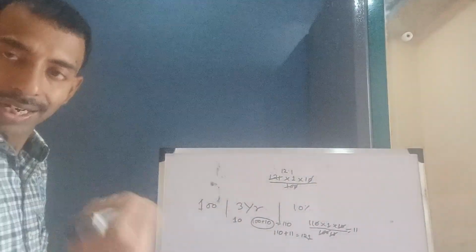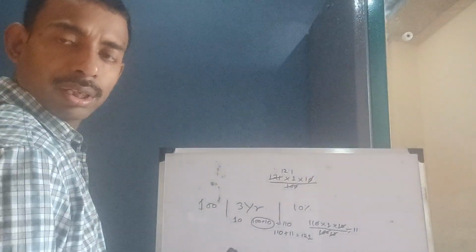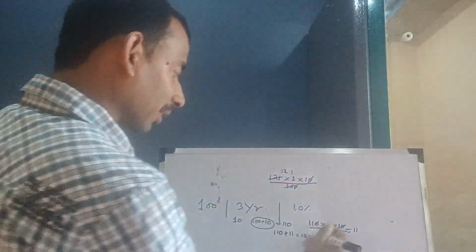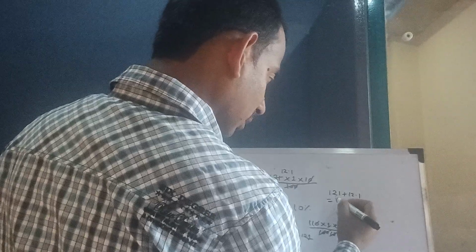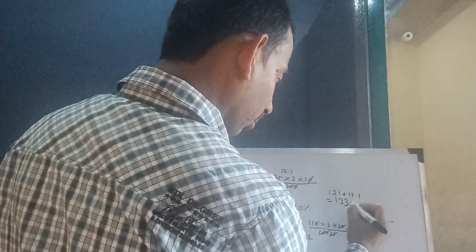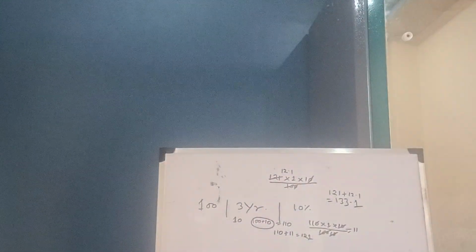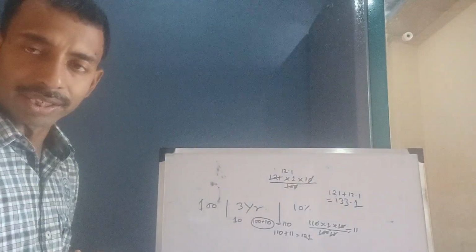So after the end of the third year you would get interest 12.1. So what is the total return? The principal was 121 plus this interest 12.1, so it would be 133.1. Okay, in this way you have to calculate compound interest.